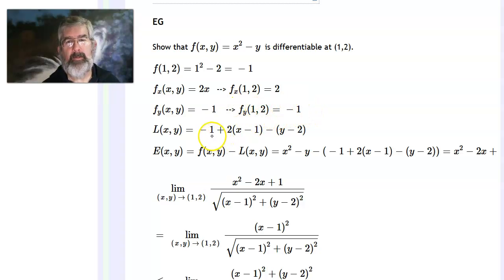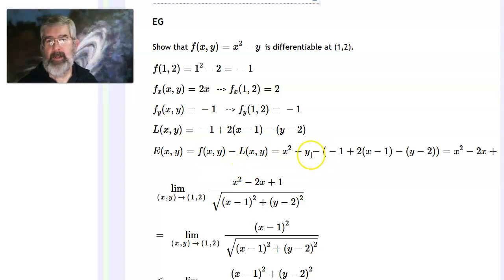So the linear approximation is this, and so yes, f of x, y could be equal to the linear function plus the error. So the error function is the difference between these two. And so there's the function, there's the linear approximation, subtract, and I get this, which is apparently a little bit off the page. Hang on a minute.